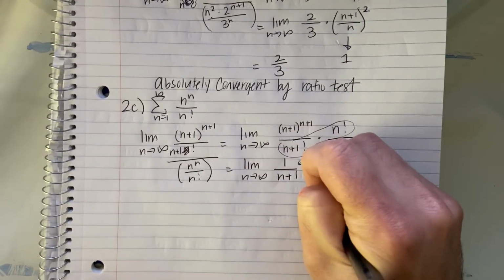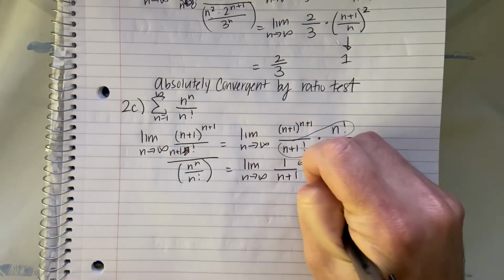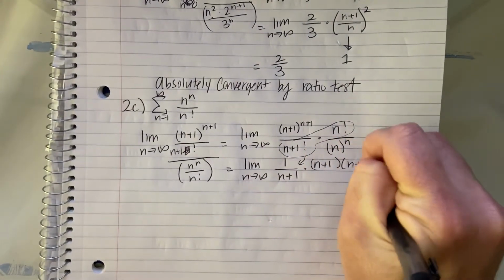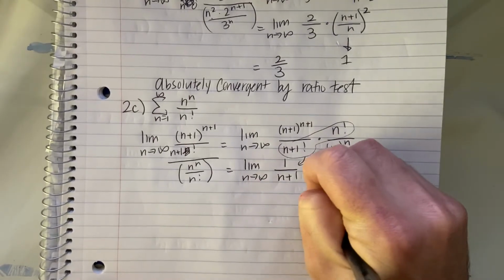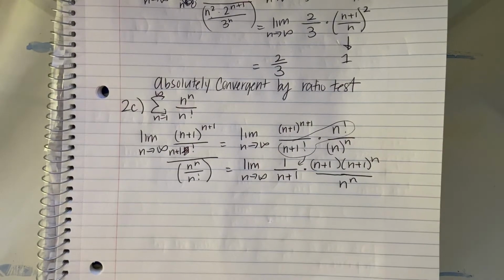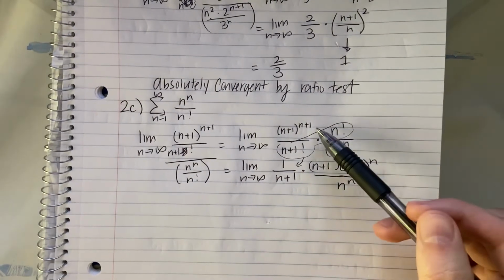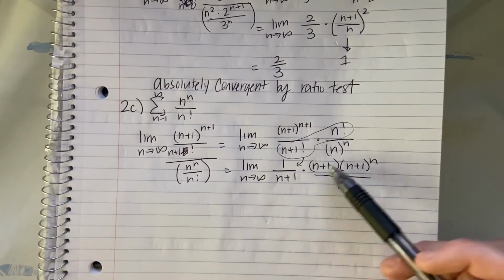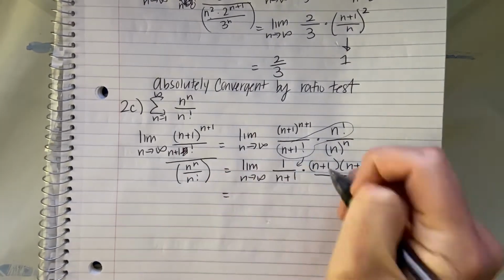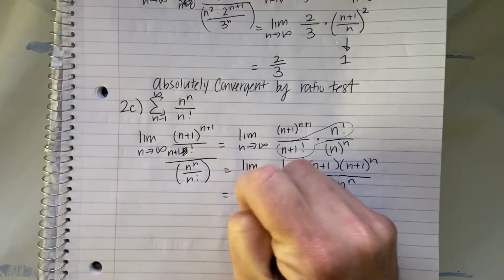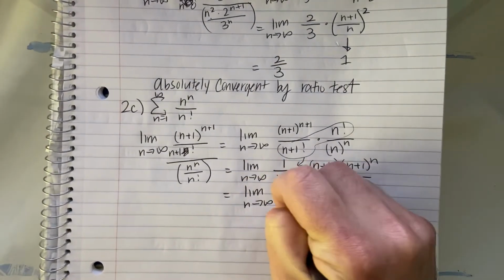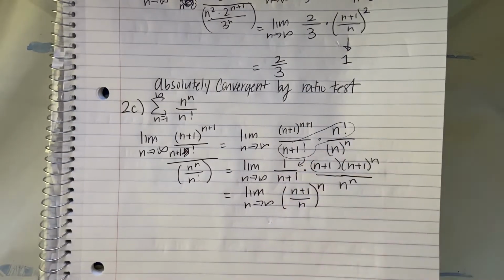I'm going to pull off an n plus 1 times n plus 1 to the n over n to the n. Now why am I going to do that? Because I have one extra term here, but it's also very convenient for what's about to happen. The n plus 1 divided by n plus 1 will cancel, so this is really the limit as n goes to infinity of n plus 1 over n all to the nth power.